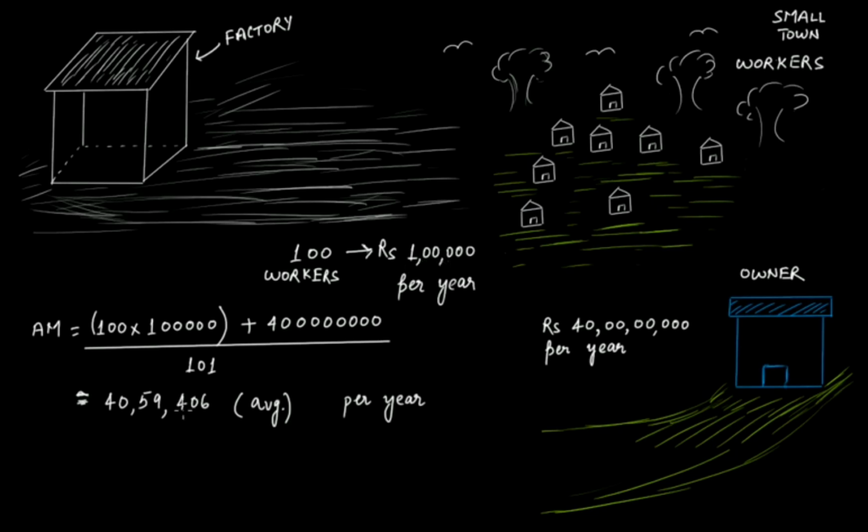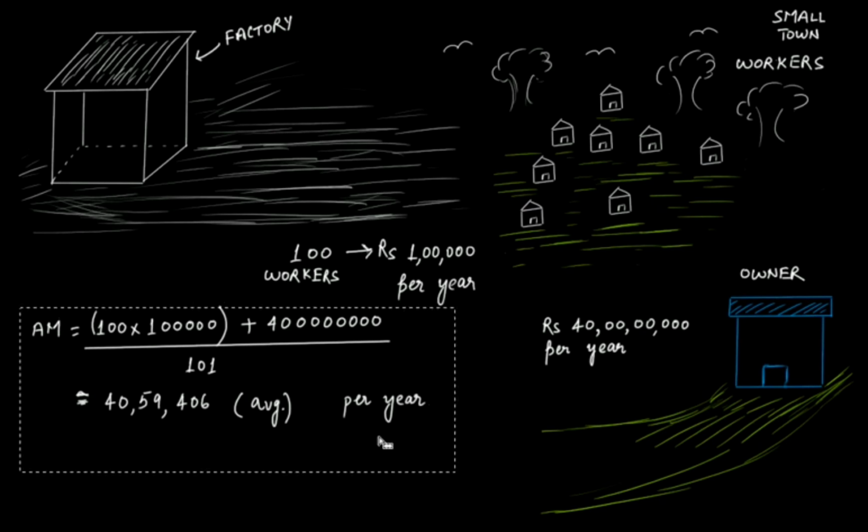So is this value explaining the correct scenario? No, this value is not explaining the correct scenario, because only one person is earning 40 crore, but 100 workers are earning just 1 lakh per year. And this number is telling you that the average person is earning somewhere around 40 lakhs per year. That's wrong.